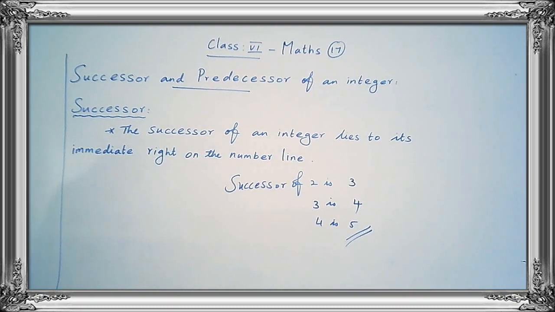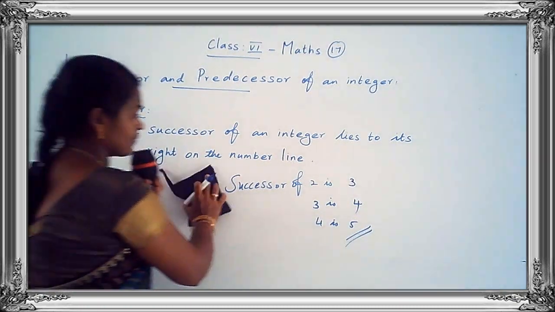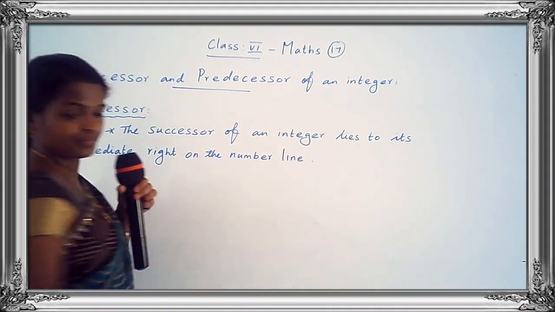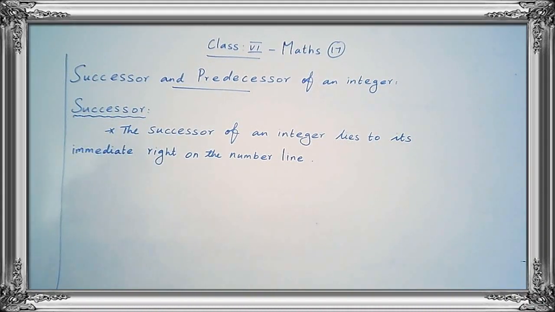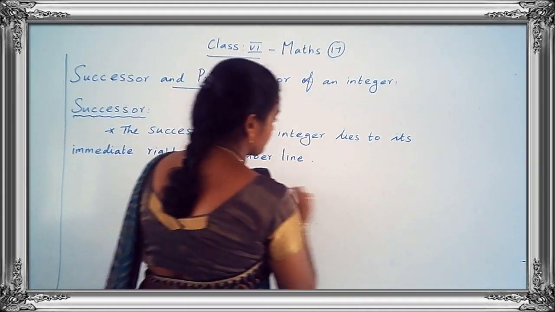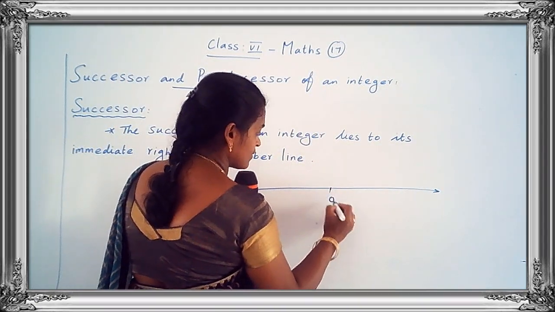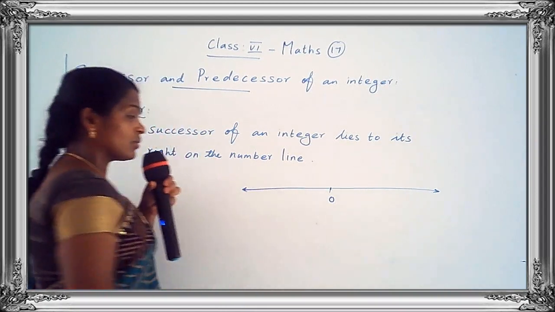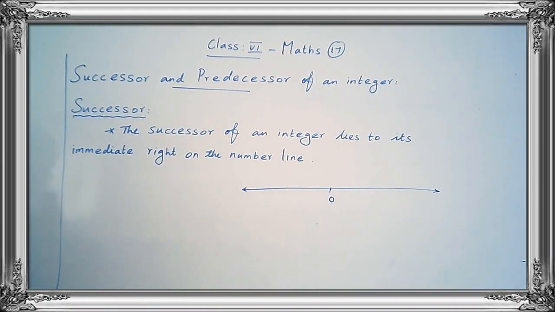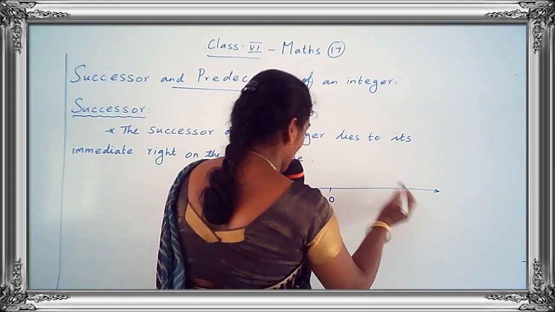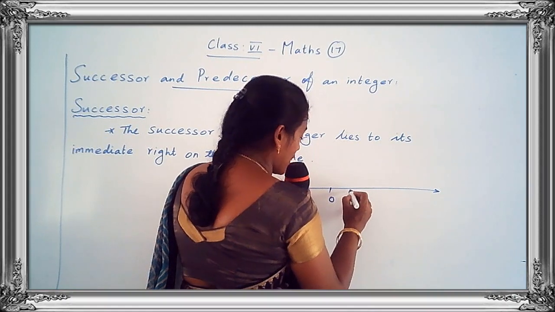Now all of you look at the number line. Draw a line and mark 0 at the center and the remaining points 1, 2, 3, 4, 5, etc. These points on the right of 0 are called positive numbers.